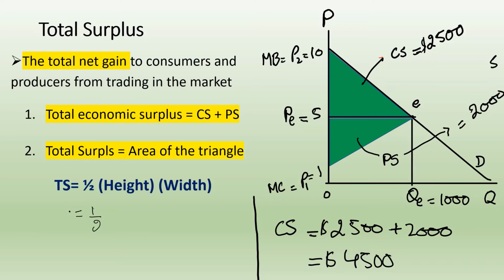What is the height? The height is just P2 minus P1, which is 10 minus 1. And what is the width? The width is 1000 kilograms of rice.